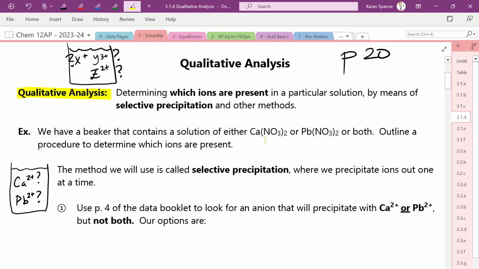How did I get to calcium 2+ from CaNO3? Yes. It dissociated. And what happens with the NO3? It also becomes an ion. What kind of an ion is it going to be? An anion, yes.